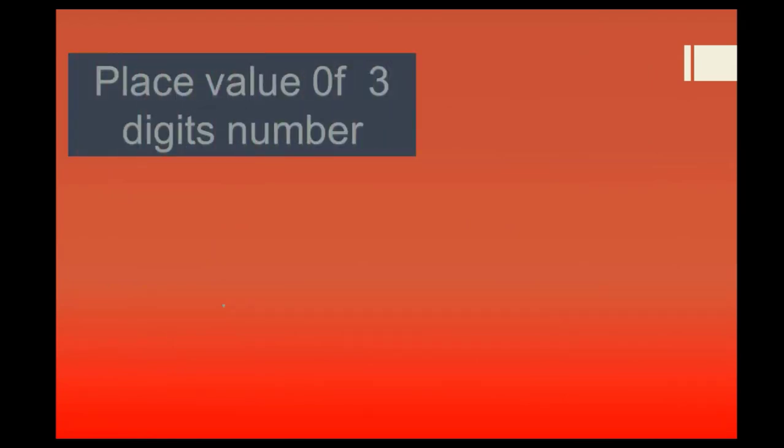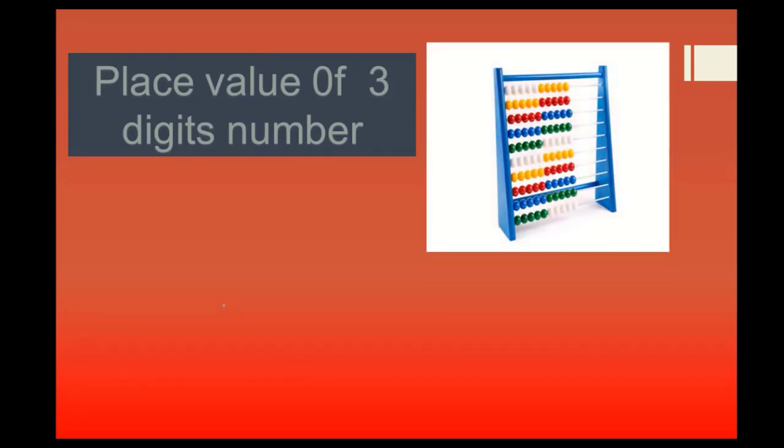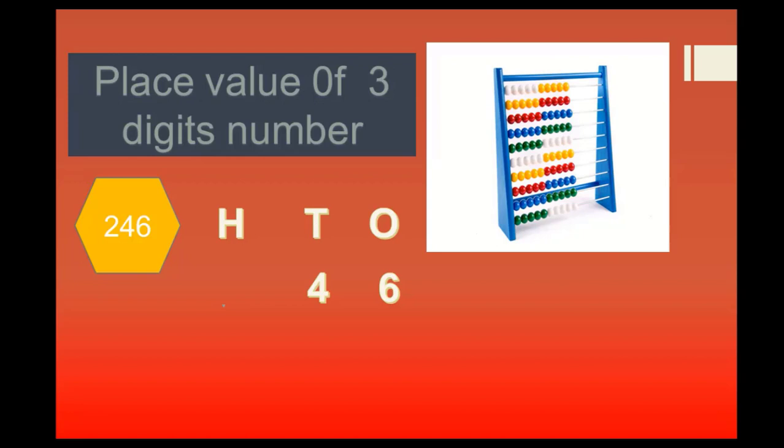Dear students, first of all we will discuss the place value of a number. We have a number 246. First of all we will discuss the position of the digits. Here 6 is at 1's place, 4 is at 10's place and 2 is at 100's place.